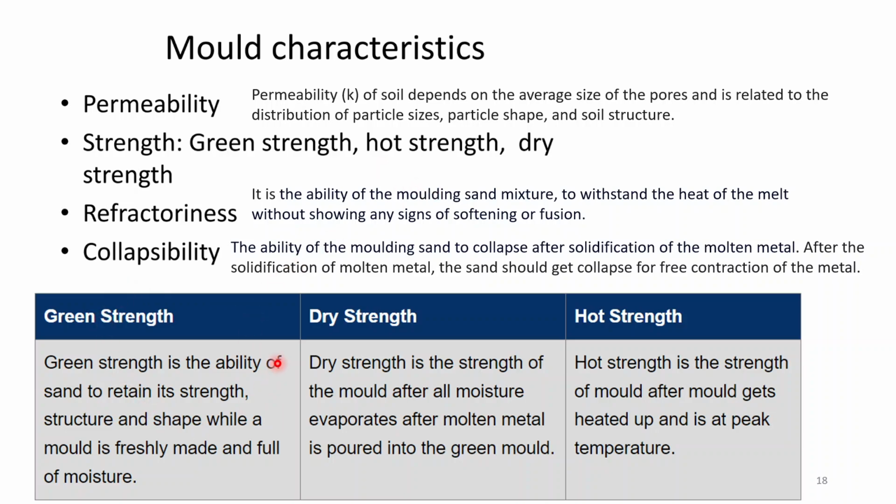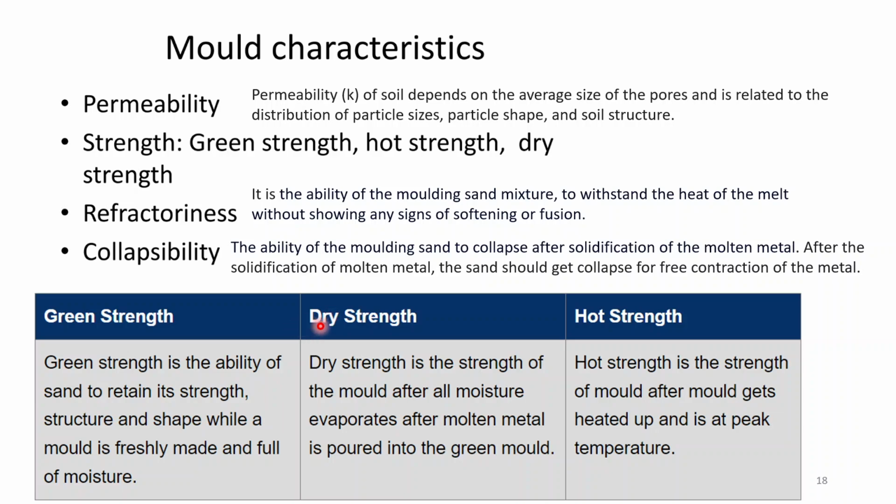These are the definitions of all these. In the previous assignment also I think you were asked questions related to these strengths. In case of green strength you have moisture present in it. So green strength is the ability of sand to retain its strength, structure and shape while a mold is freshly made and full of moisture.